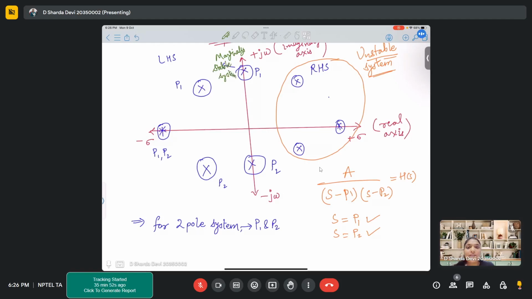The poles which have both real as well as imaginary parts will give you a moderately stable system.